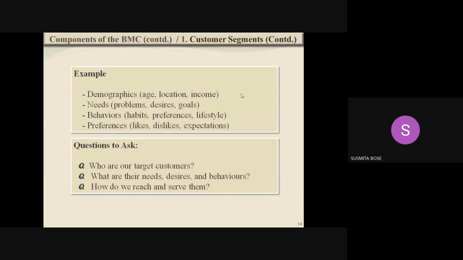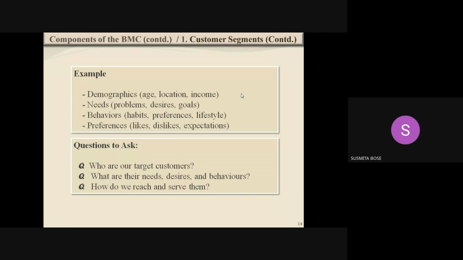For example, how will you segregate the customers, or how will you understand the behavioral pattern of the customers? By these things like demographics: age, location, from urban areas or rural areas, what is the age group, which income group they belong to.